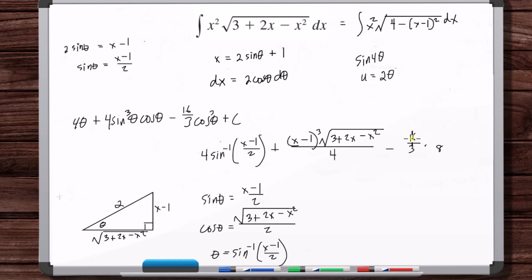This is going to be an 8, so we'll have a 2 thirds out front. Okay, and then this cubed. 3 plus 2x minus x squared, that's to the 1/2 cubed, so to the 3/2, and then plus c. And this is the integral.